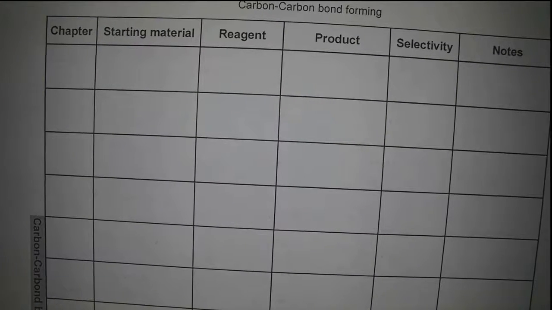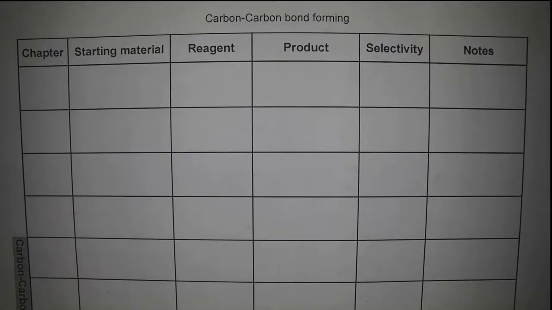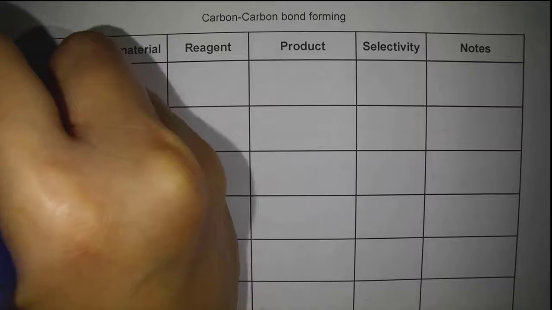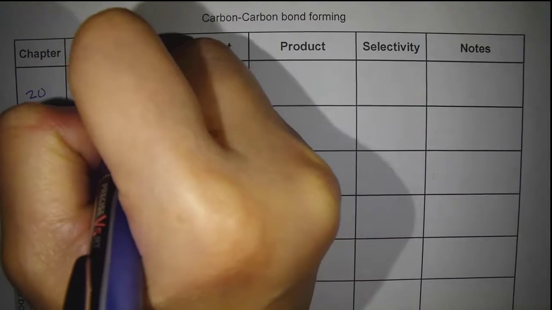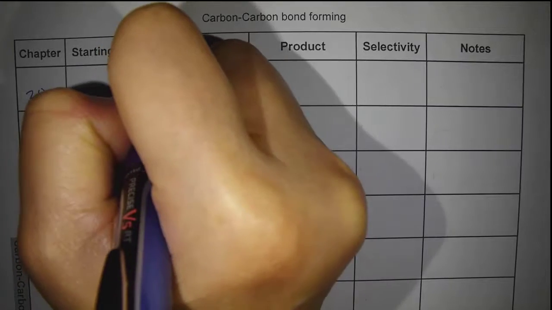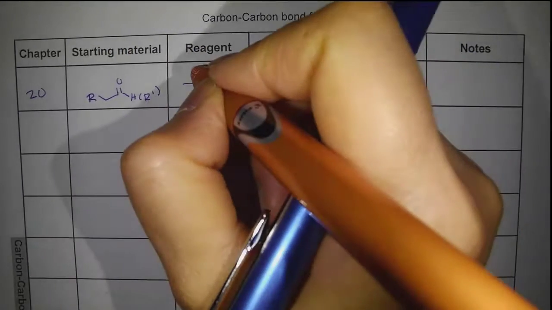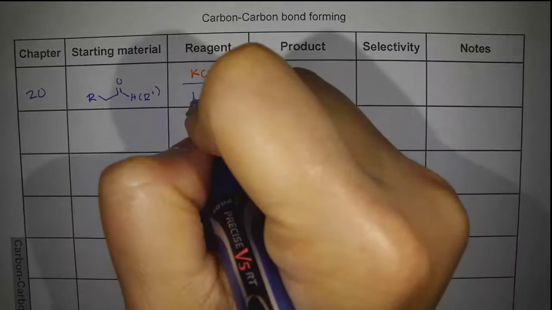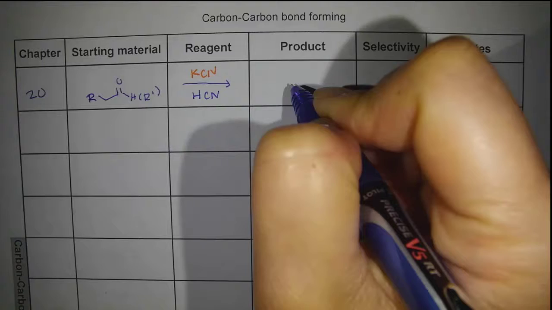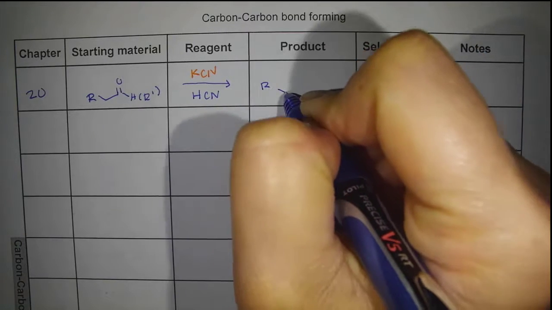All right, so this is the carbon-carbon bond forming page, which is page 14. I'm going to add potassium cyanide, and that's going to form a cyanohydrin.